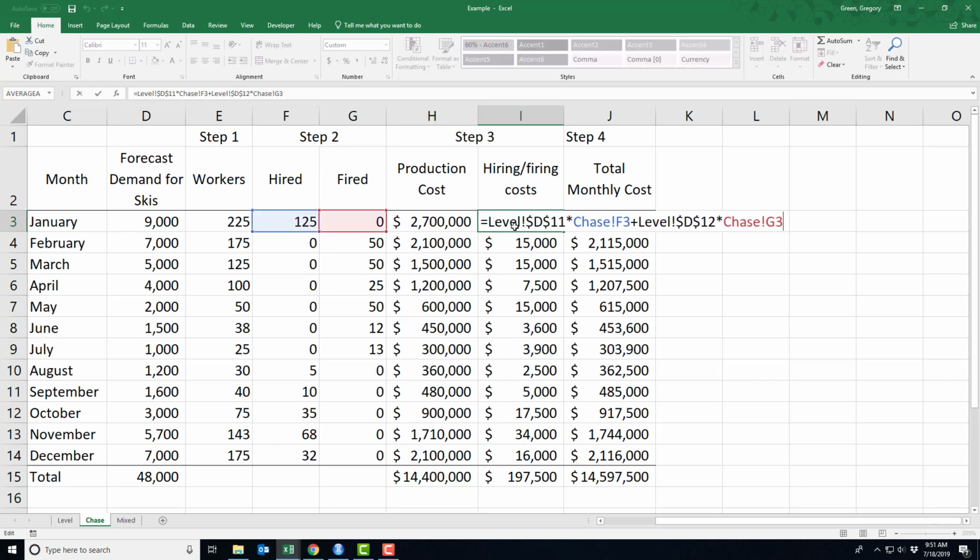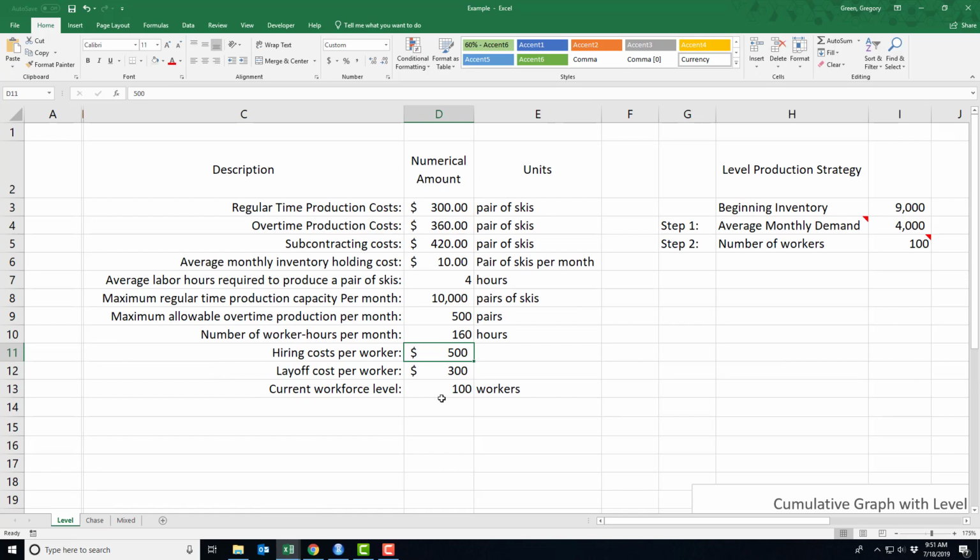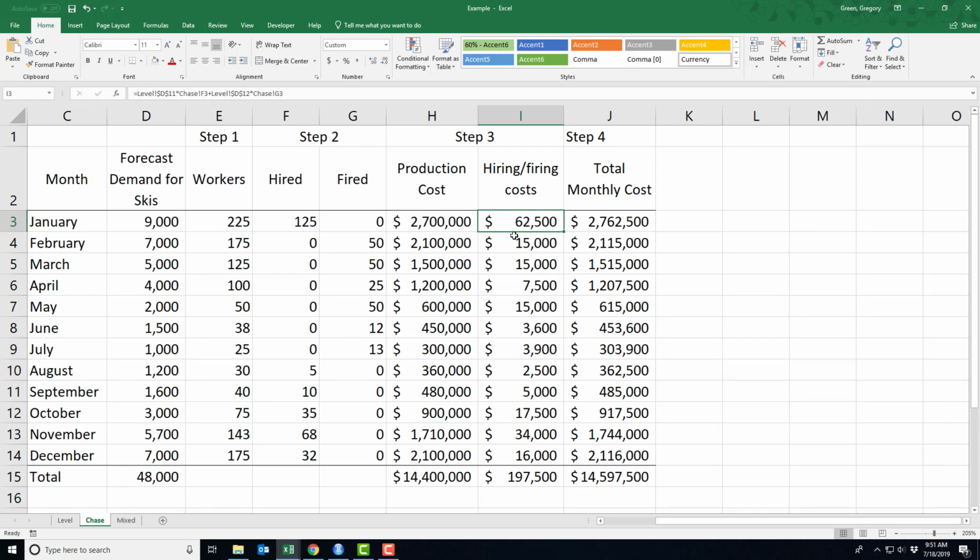Okay? According to my prior over here, it cost me $500 to hire a person. It cost me $300 to lay a person off. So in this particular cell, there's the $500 times the number of people I have to hire, plus the $300 times the number of people I have to lay off.